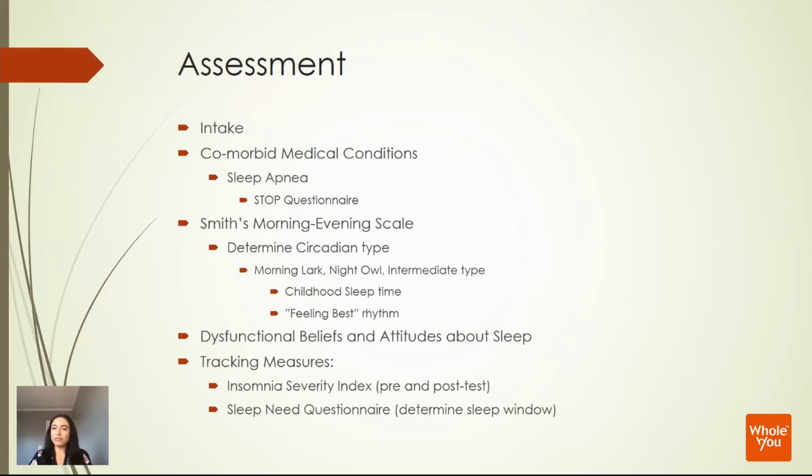And then there's a couple of different tracking measures that we're going to use over the course of the therapy that are incredibly useful. One is an insomnia severity index. And we administer it over the course of therapy. So each time they're coming in, we're giving this to them. But what's really neat is we're able to get objective, quantified data around how significant they perceived their insomnia to be when they started and where it was when they ended.